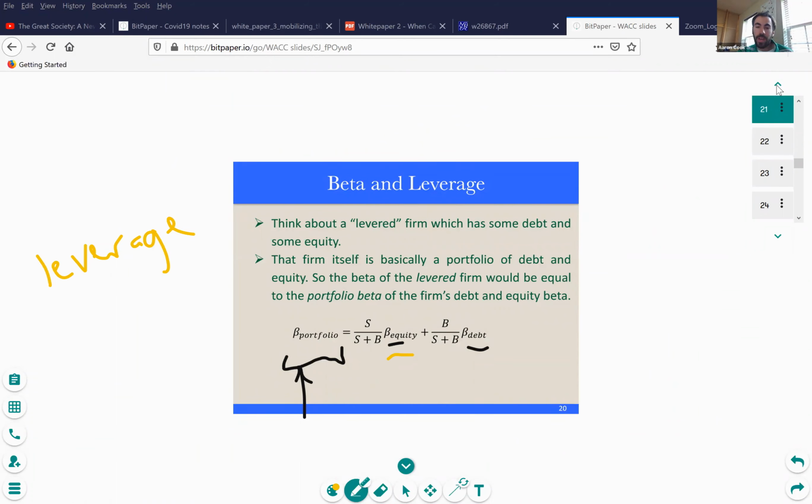Here's the one with the beta of the portfolio. You can think about that as the beta when you're using all of your own capital, and that's composed of these two parts. If there's no debt, then the equity beta is just equal to the portfolio beta, because your portfolio is all equity in the event that you have no borrowing.